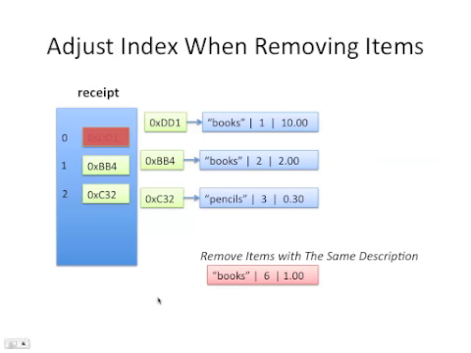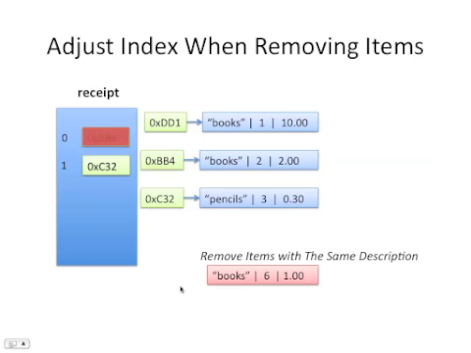When you remove the first one, what actually happens is that memory cell has been removed from the list, and the other two move up. So when we removed item 0, the other two moved up. The one that was originally in position 1 is now in position 0, and the one in position 2 is now in position 1.